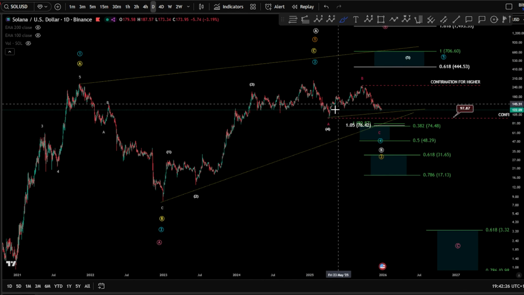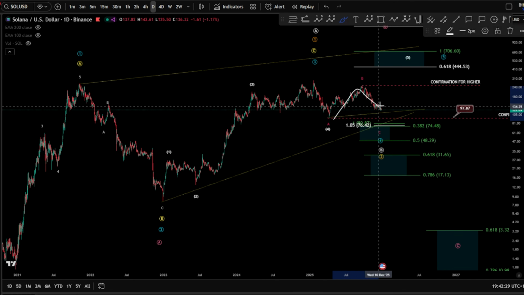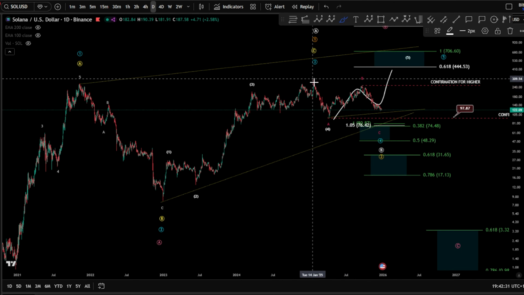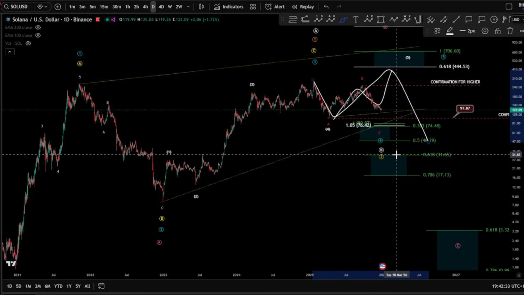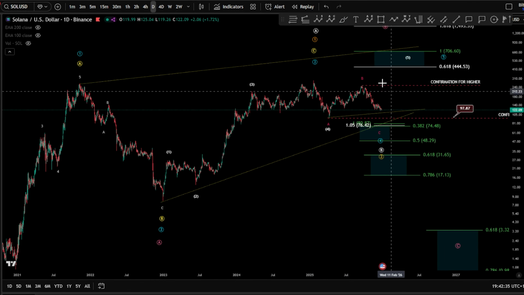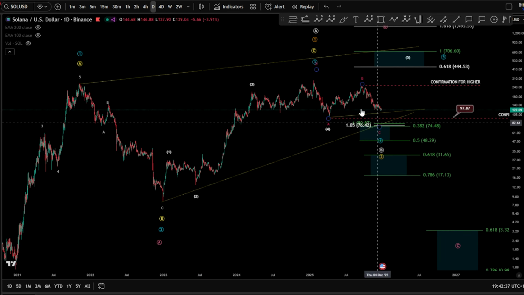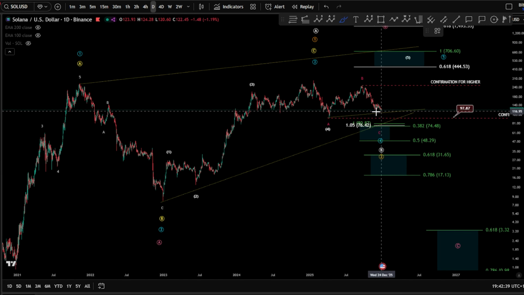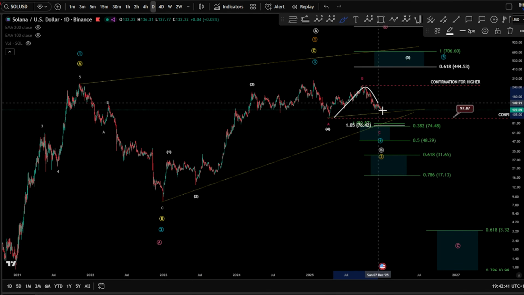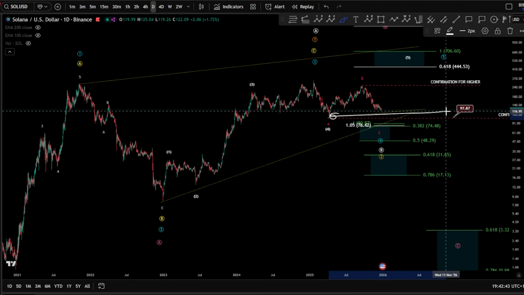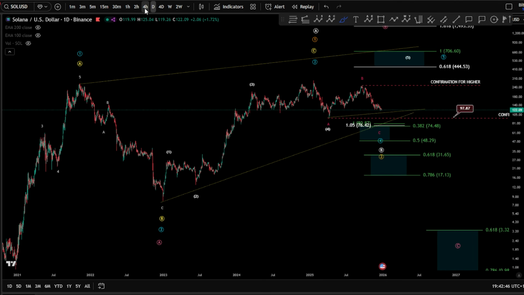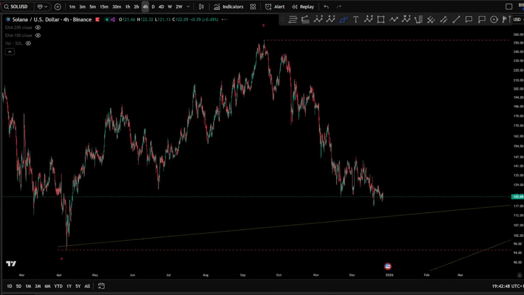Because an ABC like this will make it a bigger A, B and a C, and pushing down again. Therefore, I think the highest possibility here is still the leading diagonal. But if we take the 0.886, well, that will be, of course, very, very low possibility.